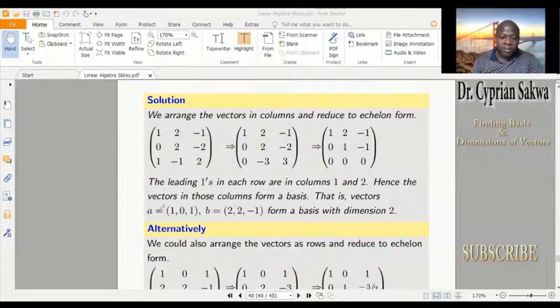It has this element, vector A, and this other element, vector B, and those are 2 elements. And therefore, the vectors given form a basis of dimension 2, because we have 2 elements in the basis.